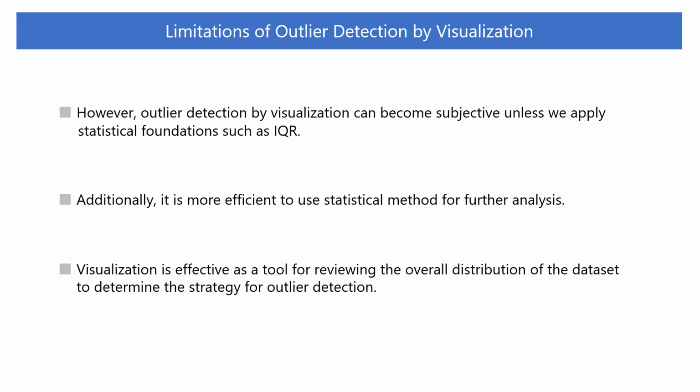Visualization is effective as a tool for reviewing the overall distribution of the dataset to determine the strategy for outlier detection. For example, using visualization, we can consider which statistical methods we should apply and how to define outliers, such as whether using 1.5 times the IQR or 2 times the IQR is more appropriate.